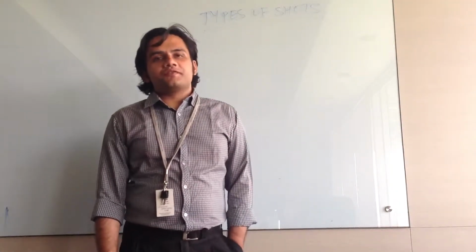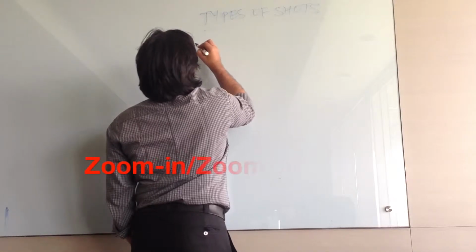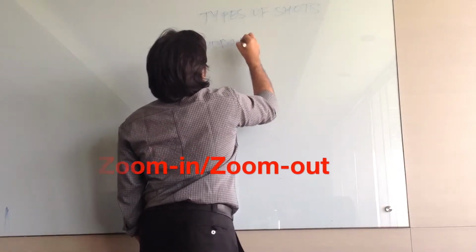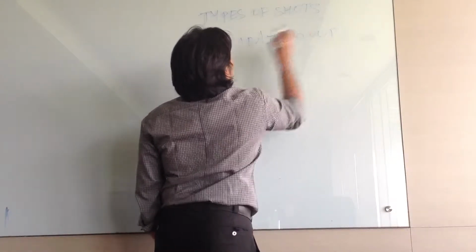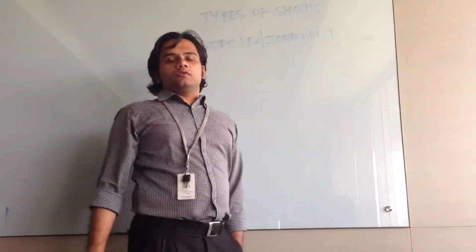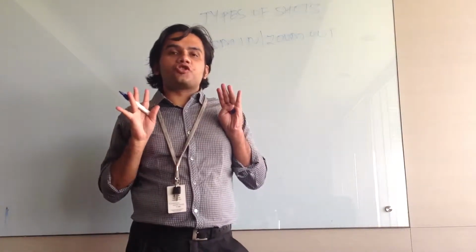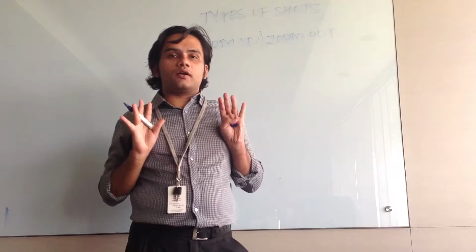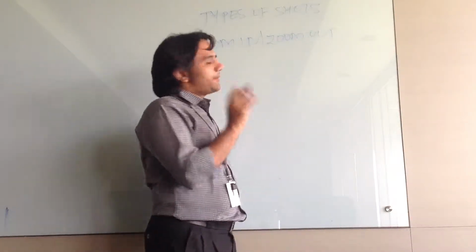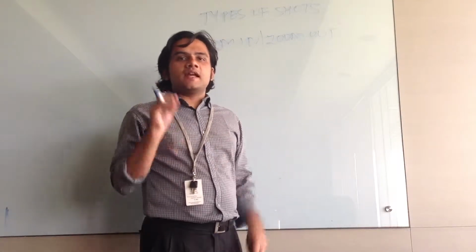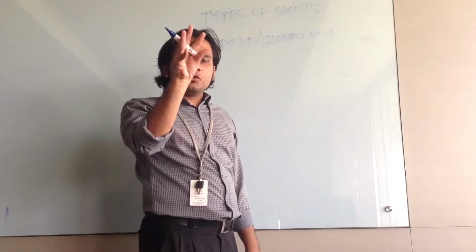The second type of shot that we're going to cover in this lesson is zoom in and zoom out. Now, unlike the previous shot where you track in, so the camera actually moves towards the subject, in a zoom in, zoom out, the camera stays where it is, and it only zooms into you and zooms out.